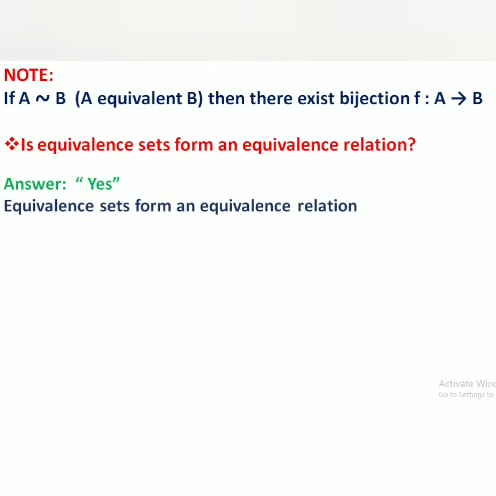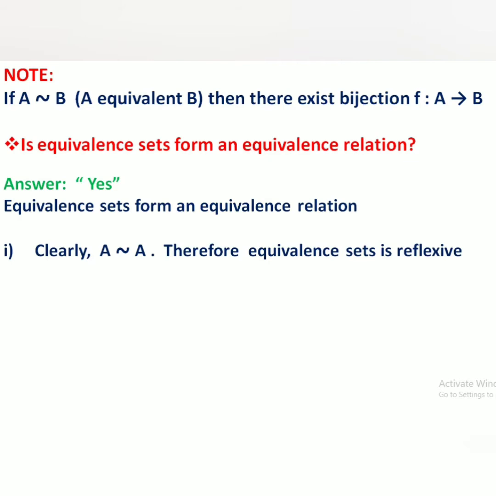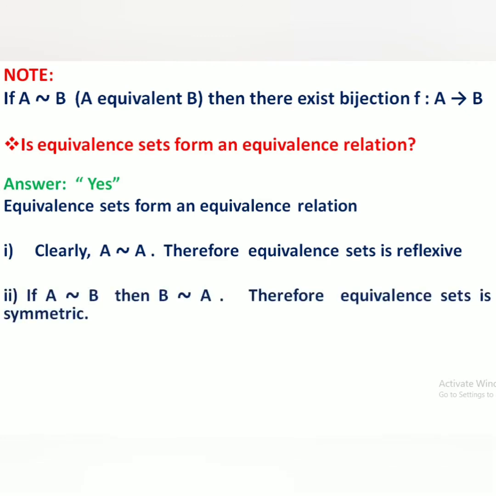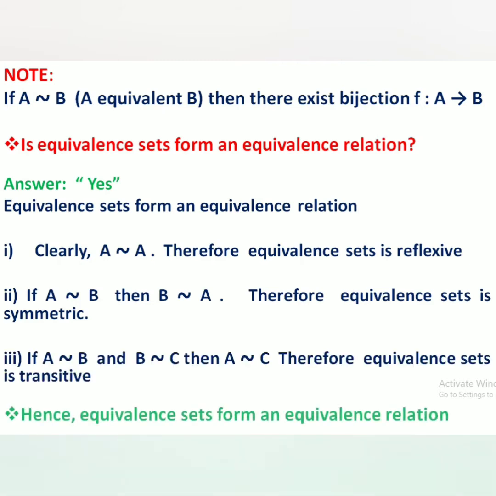Why is it so? Clearly A is equivalent to A. Therefore equivalence of sets is reflexive. Second, suppose A is equivalent to B, then immediately B is equivalent to A. Therefore it is symmetric. Third, if A is equivalent to B and B is equivalent to C, then immediately A is equivalent to C, which is obvious. Therefore it is transitive. Hence the conclusion: equivalent sets form an equivalence relation.